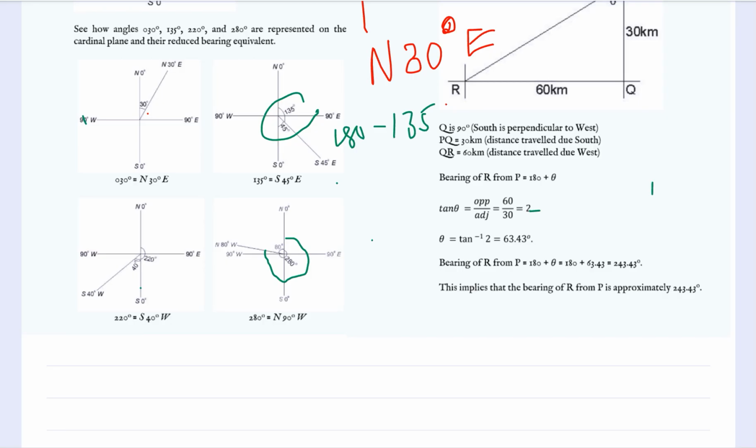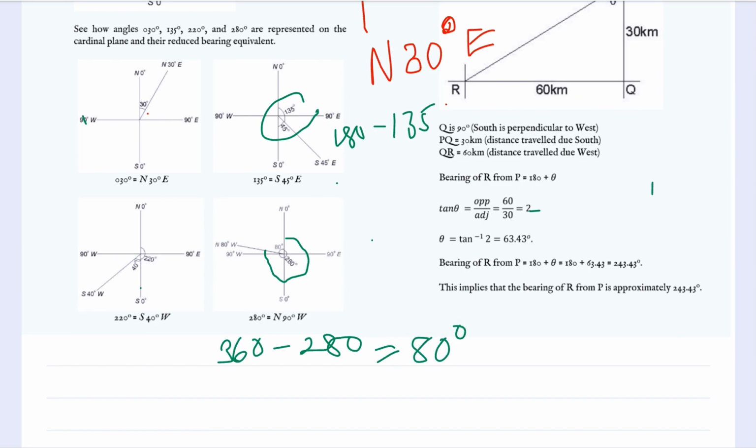Yeah. So this one is almost completing a 360 degrees. So that will be 360 minus 280, and 360 minus 280 will give us 80 degrees. Do you understand that now?